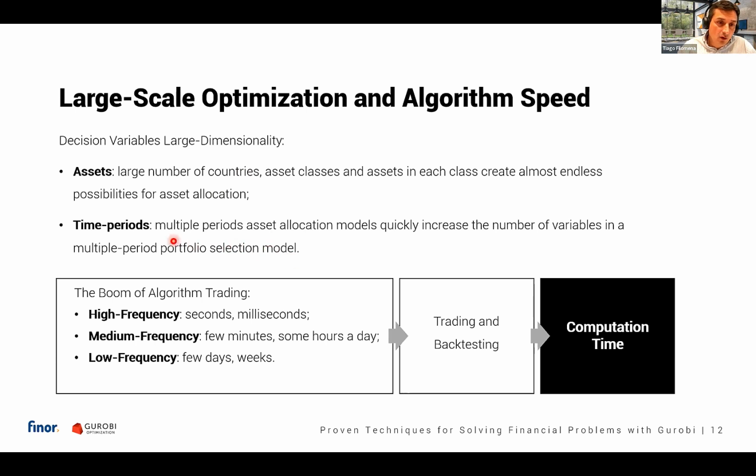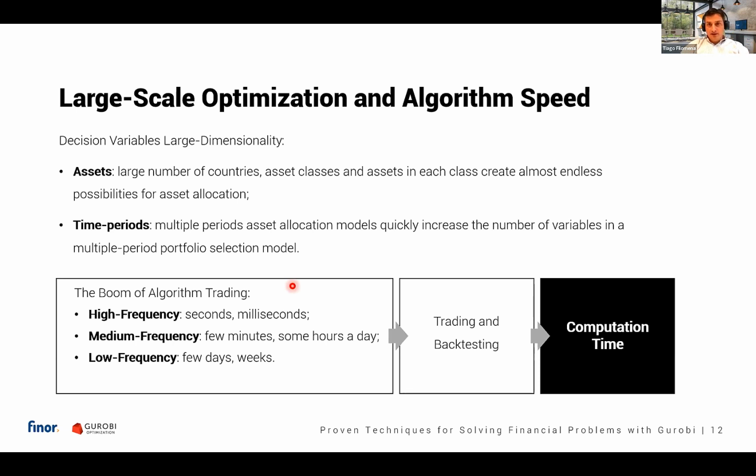With that, we have the whole boom in algorithmic trading, which can be related to trading in high frequency, medium frequency, or some lower frequency. But we'll always be demanding computational performance, whether for trading or for backtesting, for instance. You cannot wait 2-3 days to backtest a model these days.